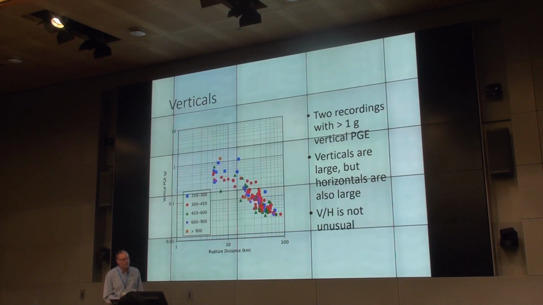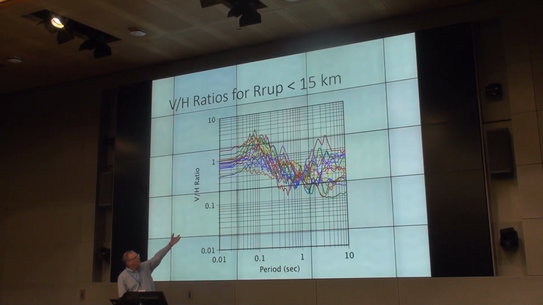Okay, and so this isn't a case of large verticals, it's a case of large horizontals. If we look at the vertical to horizontal ratio from Northridge, this is data within 15 kilometers. You look at this, and this is a typical looking V over H ratio shape. It peaks just below 0.1 second, it has a trough, and then comes across. So it's not that verticals were big or unusual, you just had a large horizontal which they went with.